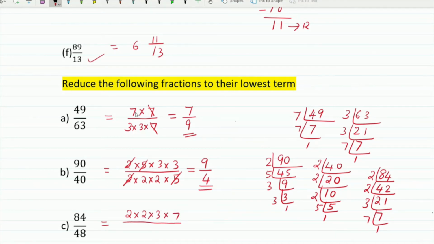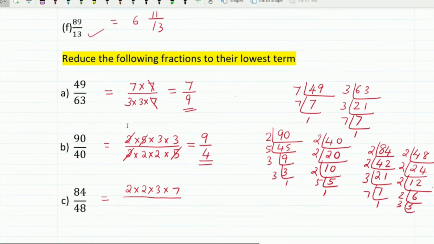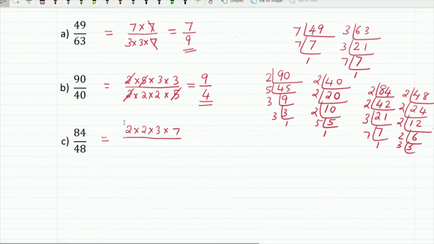Now 48: 2 2s are 4, 4 2s are 8, again 2 12, again 2 6, again 2 3, again 3 1.